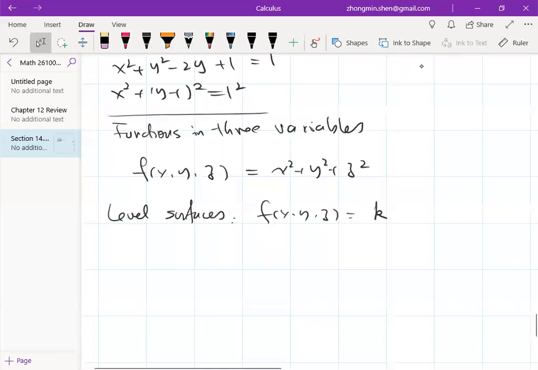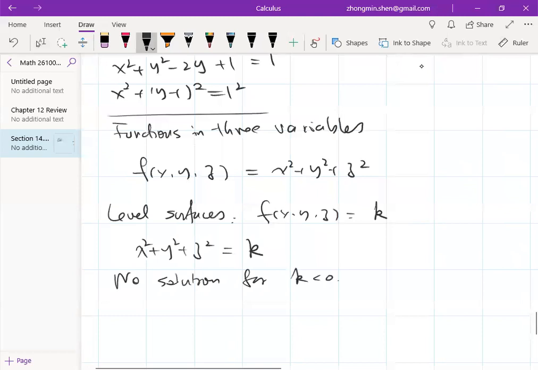Let me consider this level surface. By definition, the surface is determined by this equation, so it's going to be x squared plus y squared plus z squared equals k. First of all, k cannot be negative, so there is no solution for k negative.